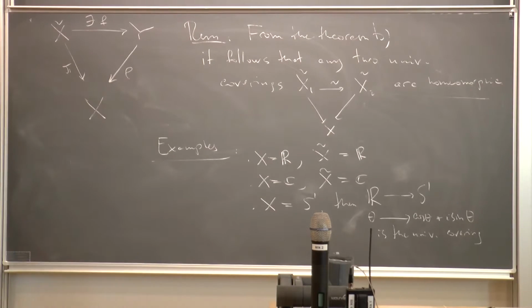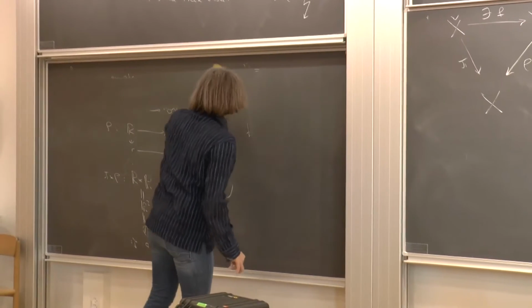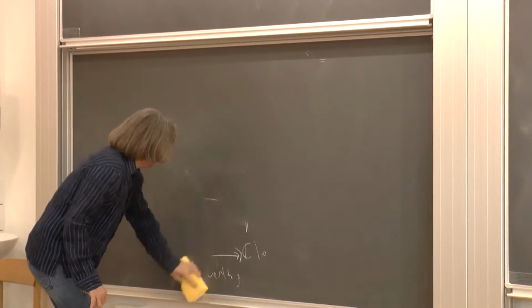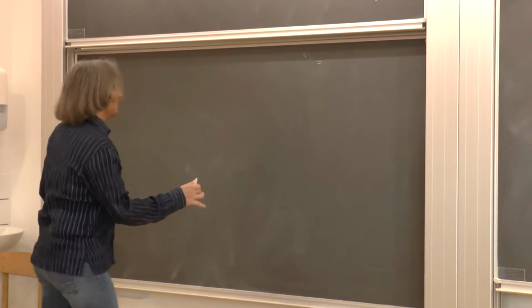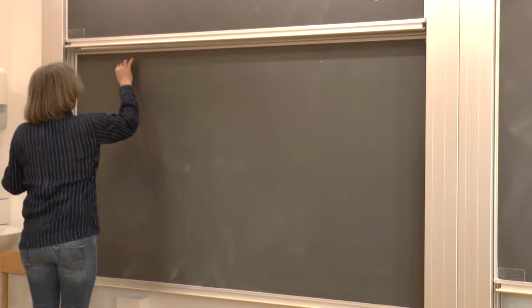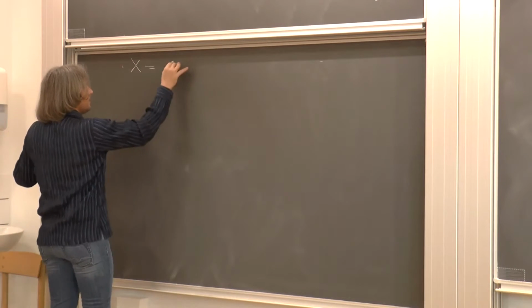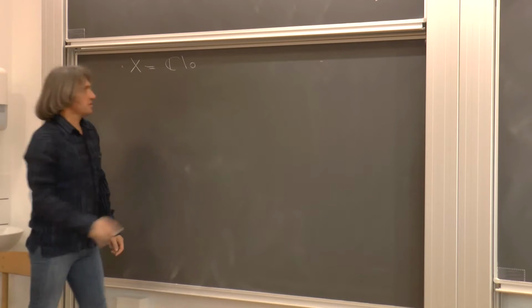So then the next example, it's still the main example, of course. Let's take X equal to C without 0. Looking for universal covering.